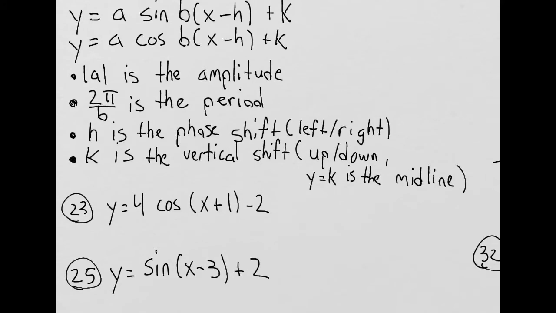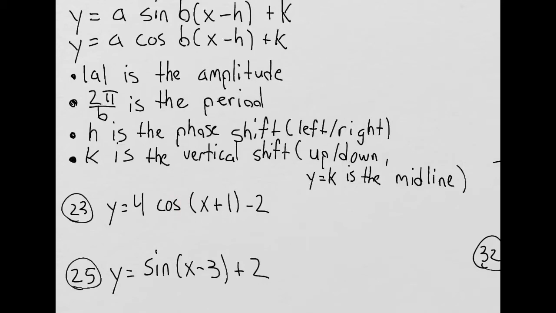Okay. In 23 and 25, we are describing any phase shift and vertical shift in the graph. Again, phase shift is just left and right shifts. Keeping it easy, let's look at that 4. The 4 is A, so this graph will have an amplitude of 4. You don't have to worry about that. B is a 1, so that means your period is 2 pi.